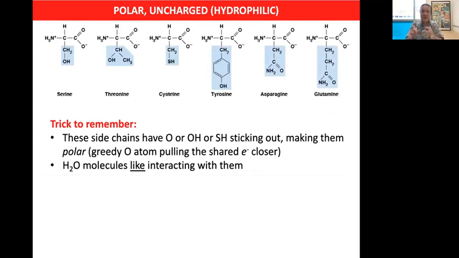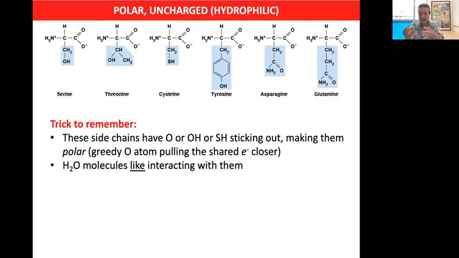So then you have polar uncharged that are hydrophilic. This group consists of serine, threonine, cysteine, tyrosine, asparagine, and glutamine. These side chains have an oxygen or an OH or a sulfhydryl group.